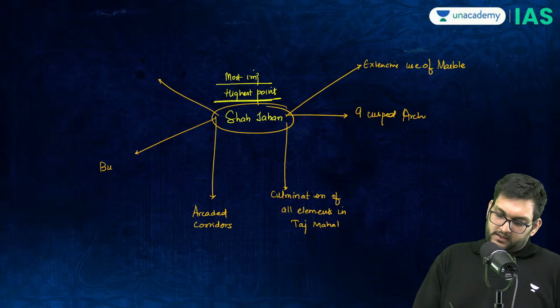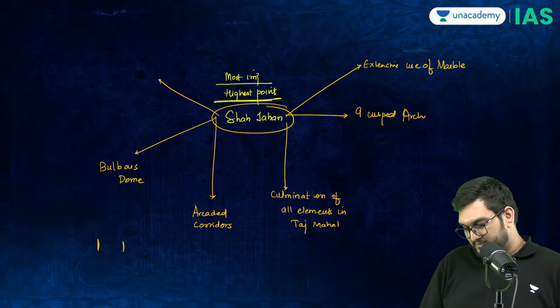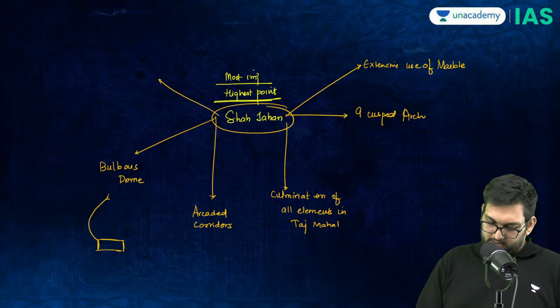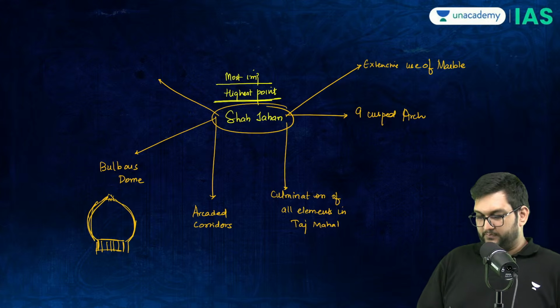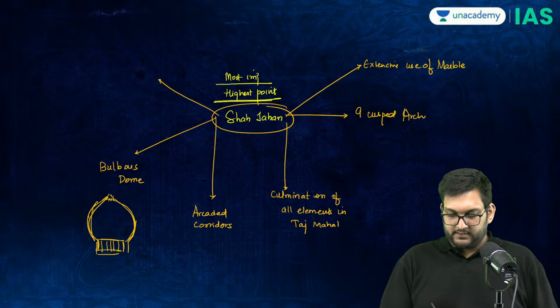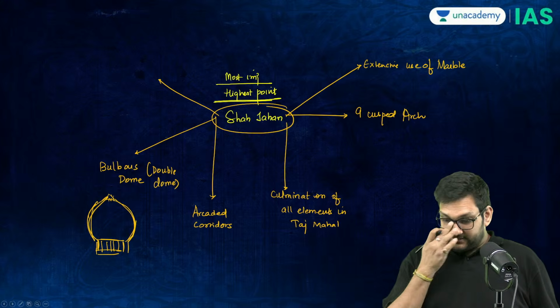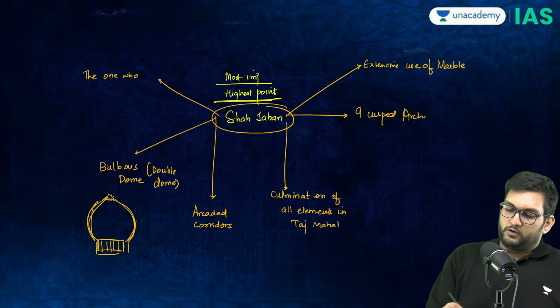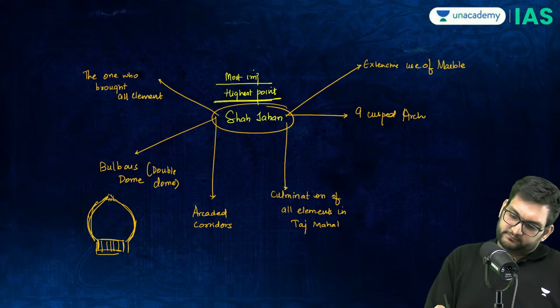And the bulbous dome, the dome which has a stifled neck, this is called a bulbous dome. This bulbous dome was something which he created. The bulbous double dome. And this is why Shah Jahan is considered the one who brought all elements together.